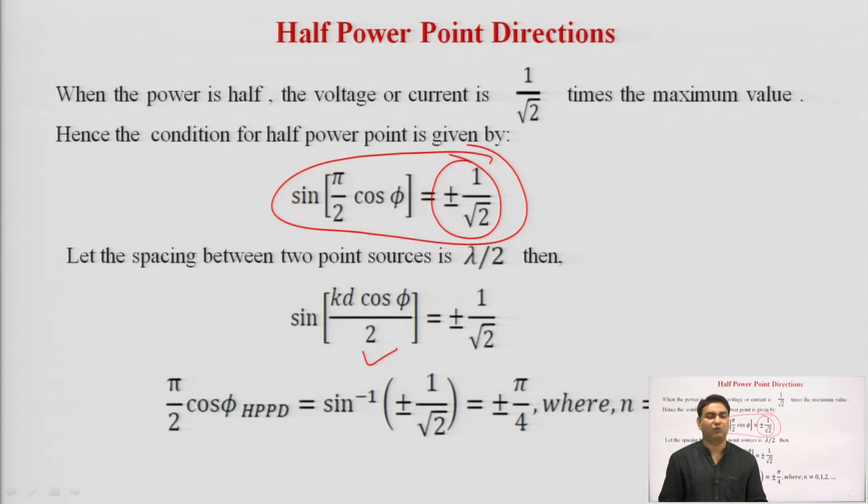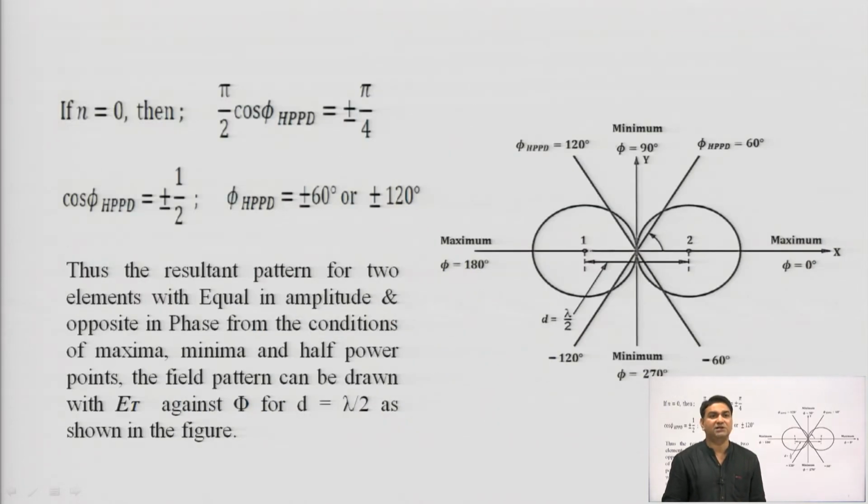When all these maxima, minima, half power points are calculated, we can draw the radiation pattern in the form of this. This is the resultant diagram for the radiation pattern of an antenna array system which has two isotropic point sources having currents of the same magnitude, but with opposite phase.